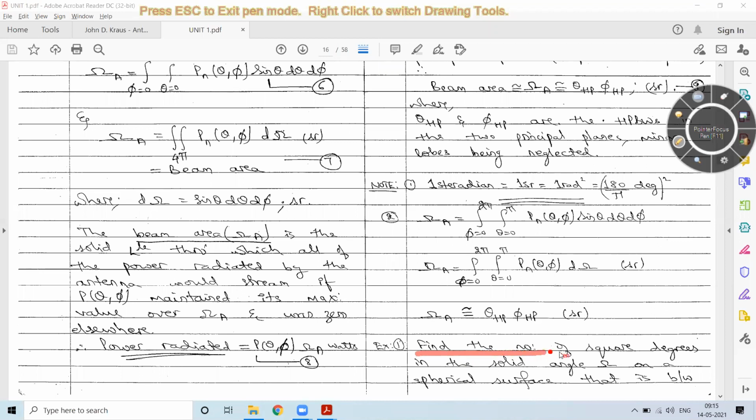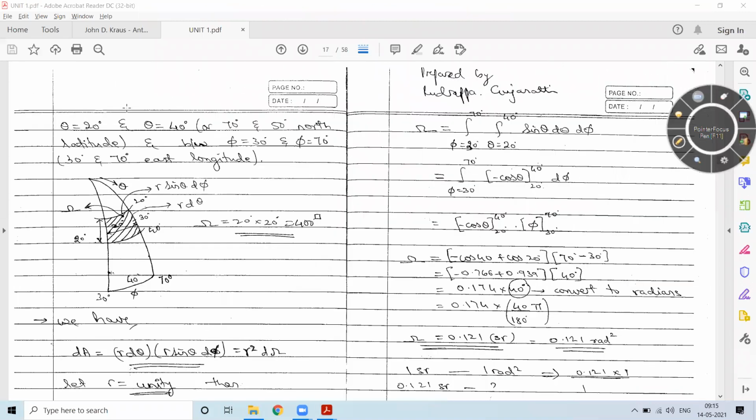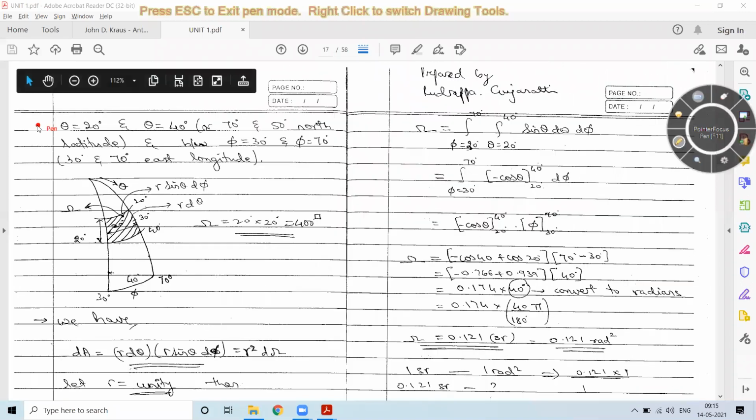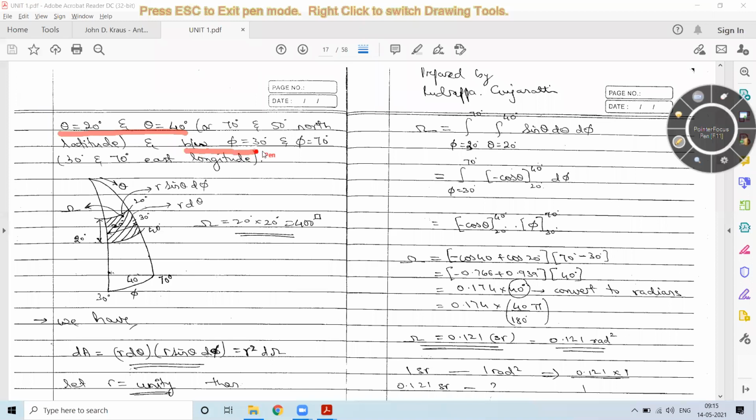Find the number of square degrees in the solid angle omega on a spherical surface that is between theta equal to 20 degrees and theta equal to 40 degrees, and between phi equal to 30 degrees and phi equal to 70 degrees.